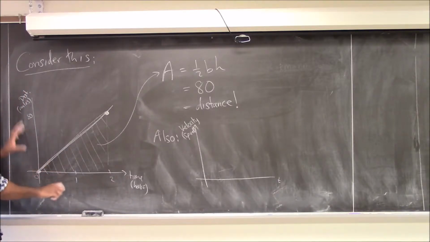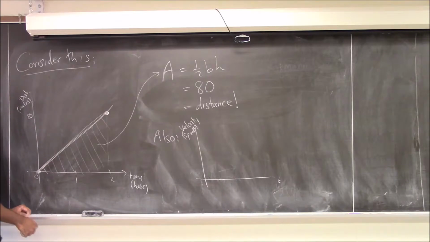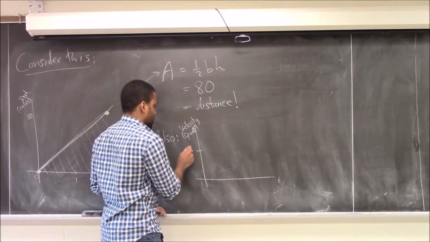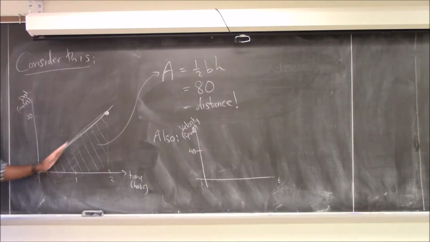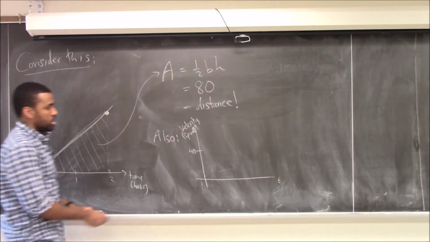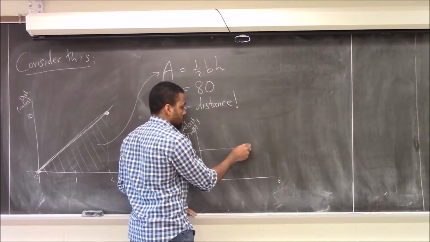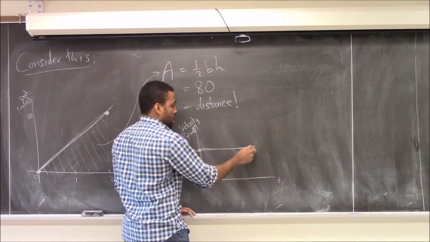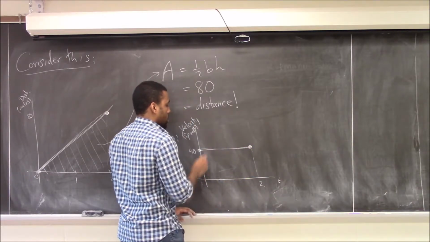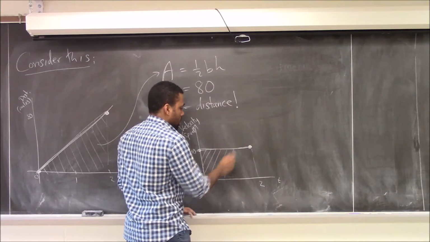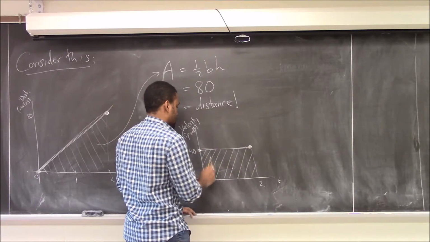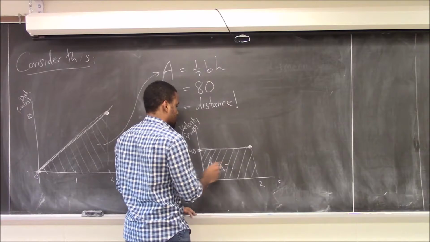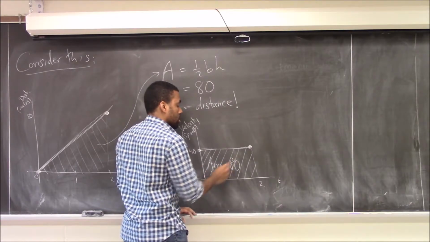I think it was rise over run, it was 40. And it's a straight line, which means it has constant slope. So I'm just imagining there's a car here driving at a constant speed of 40. It's driving that way for 2 hours. And if I look at the area here, what do I get? It ends up being 80.